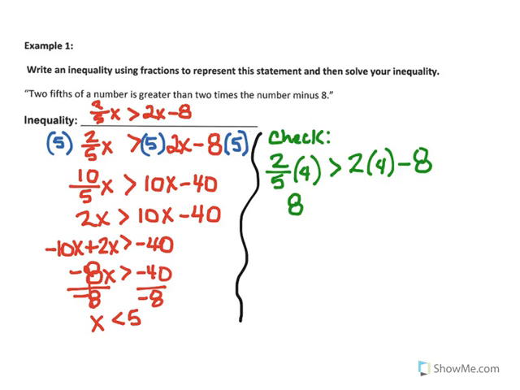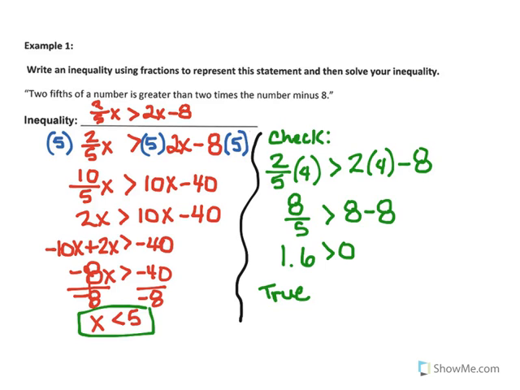So I have 8 over 5 is greater than 8 minus 8. When I divide 5 into 8, I get 1.6 is greater than 0. That is a true statement. So because that is a true statement, I know that this is the solution to my inequality.